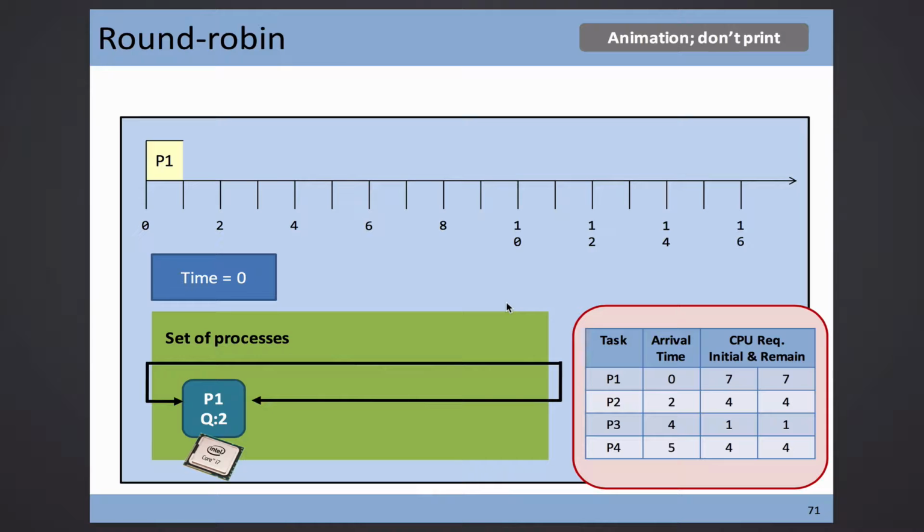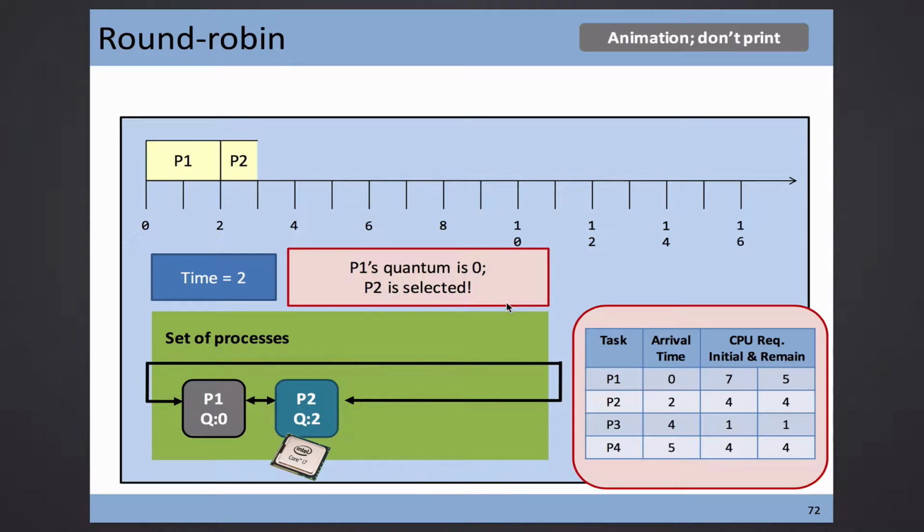Then after 2, I created a scenario where another process just comes in, and at the same time, this guy's quantum has used up. Because the queue length is 2, when you scan the entire queue, there is still a guy with some quantum left. So I don't recharge, I will schedule this guy.